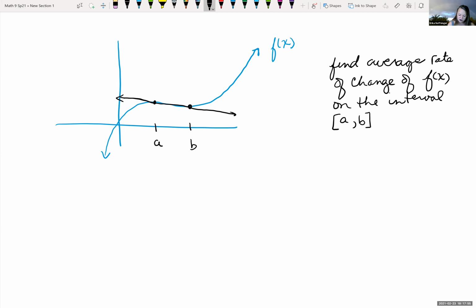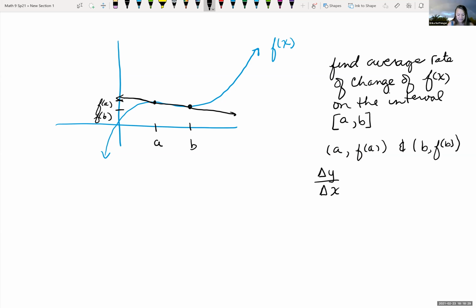And so recall, we need the points. Well, when x is A, our y value is f of A. And when x is B, we can find our y value by plugging B in wherever you see an x, and that would give you f of B. And so we looked at the change of our y value all over the change in our x value.